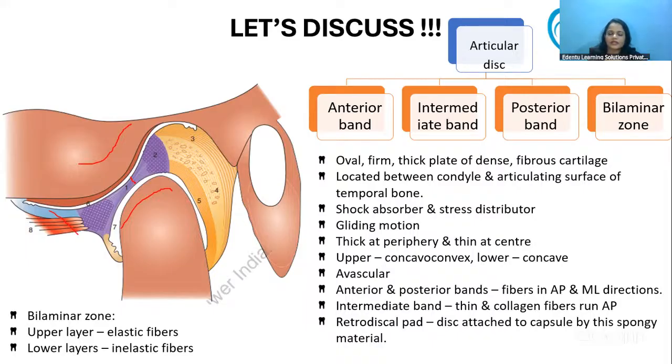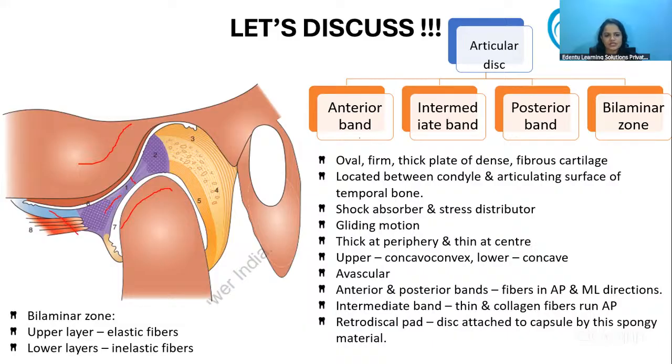It is divided into four parts: the anterior band, intermediate band, posterior band, and the bilaminar zone. In the anterior and posterior bands, the fibers run in the anteroposterior direction, whereas the intermediate band usually has thin collagen fibers running anteroposteriorly.